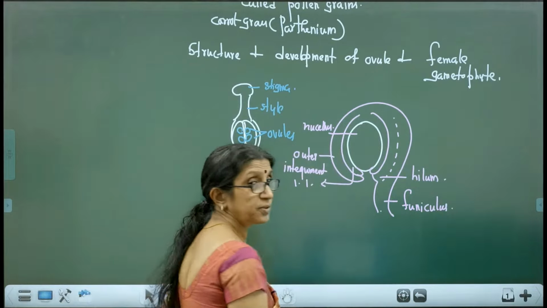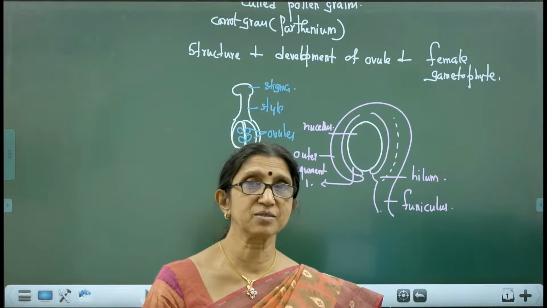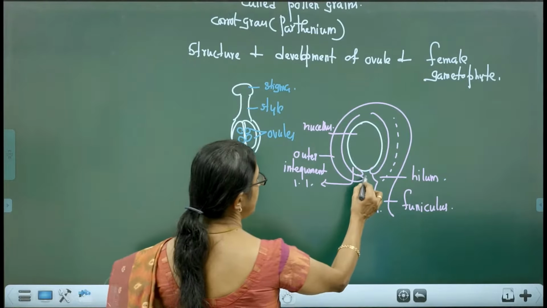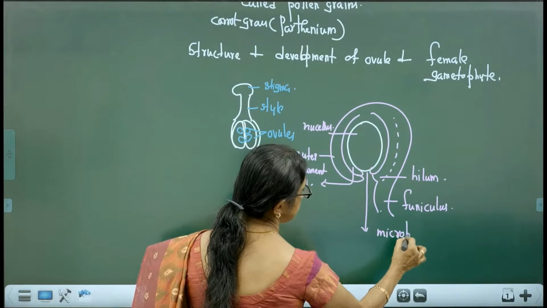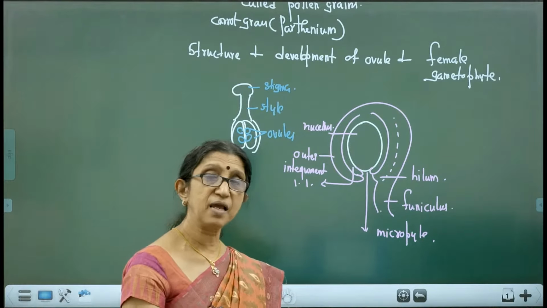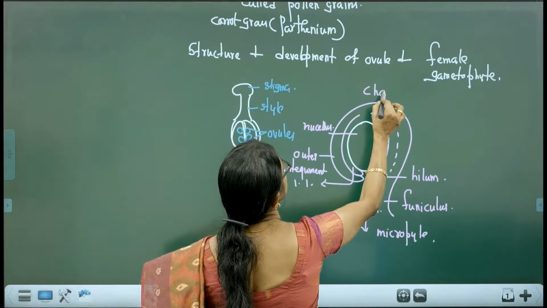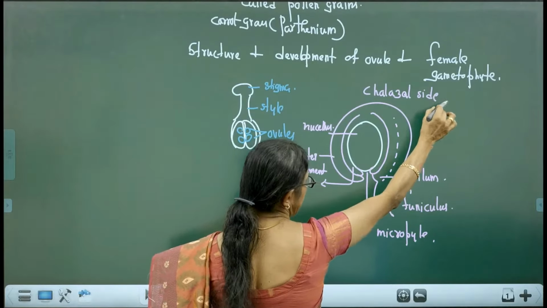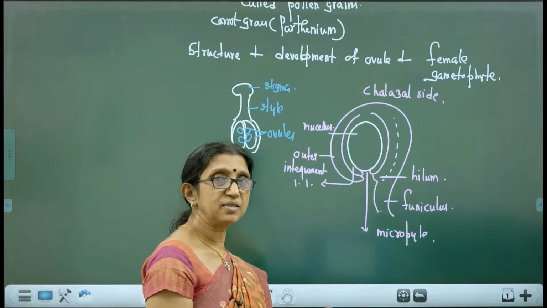And look into these integuments. These integuments will not cover the entire nucellus, but leave a small opening towards one side, and that opening is called the micropyle. That region is called the micropylar region, and the opposite side is called the chalazal side or chalaza. So micropyle and chalaza are the two different parts.